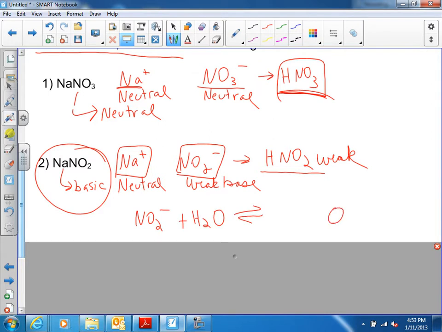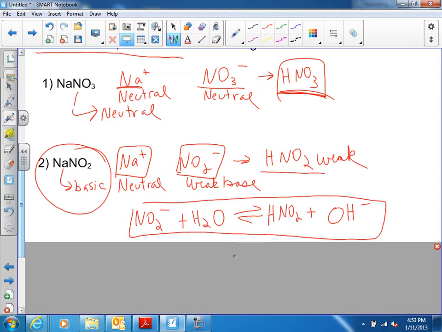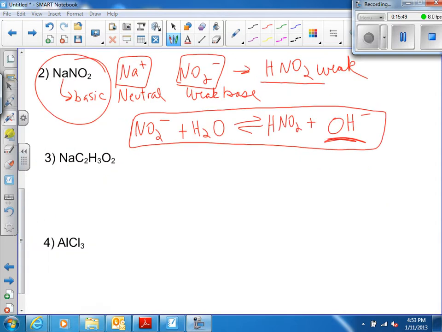If we've got a base, we better form hydroxide, right? Bases form hydroxides. So I also need a conjugate acid. So I get HNO2 and hydroxide, and there's my reaction, showing that that salt is basic because it's producing hydroxide.